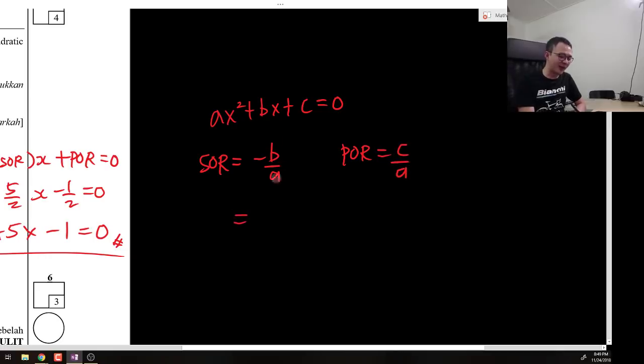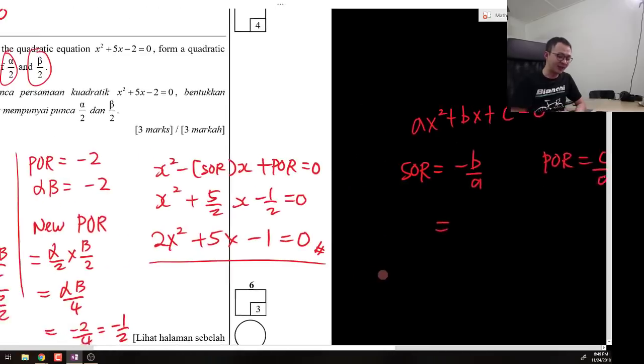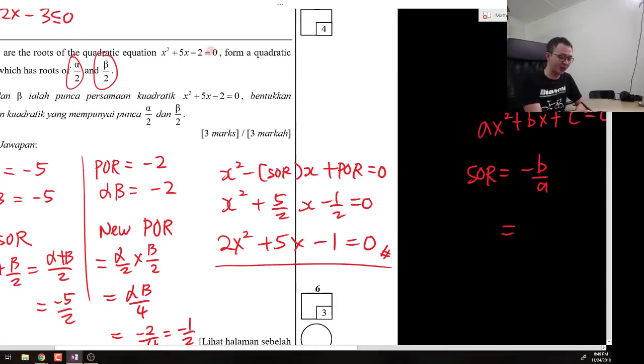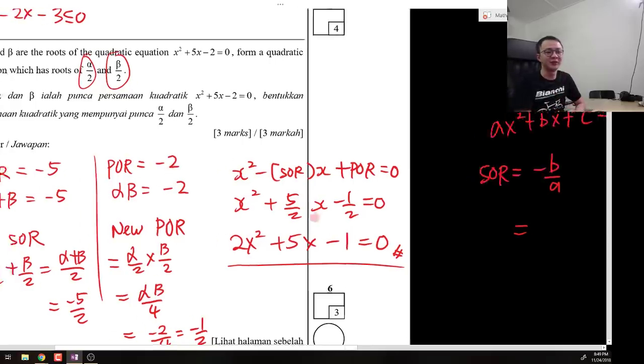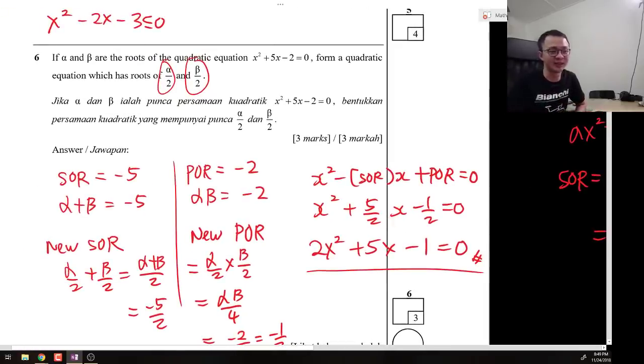For negative b over a, whatever value b is, if it is positive, I will make it negative, because the formula is negative b divided by a. So we come back to this equation here. Negative b over a is negative 5 over 1, so therefore it's negative 5. The product of roots is c over a. c is negative 2, divided by 1, a is 1, right? Negative 2 over 1 is negative 2. This is how we get this.